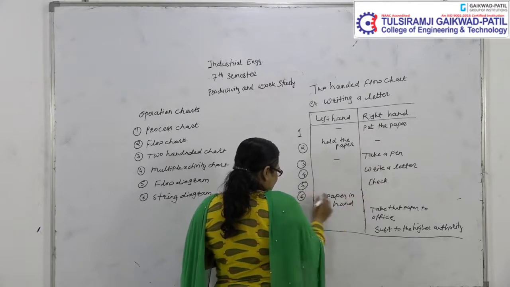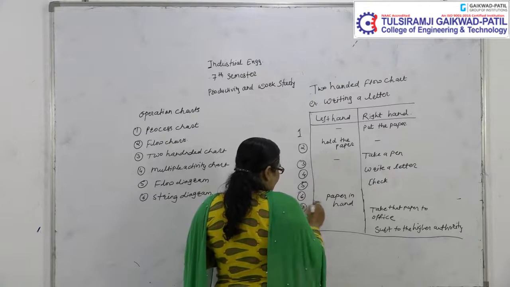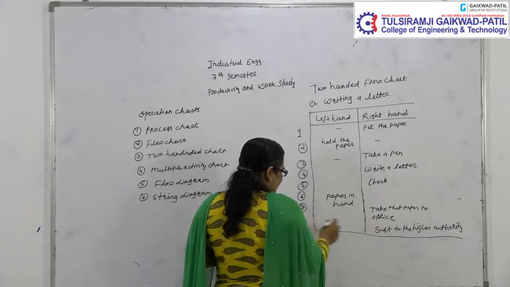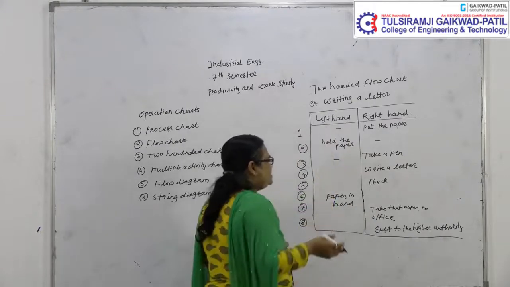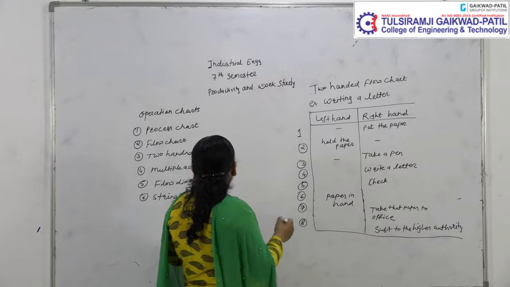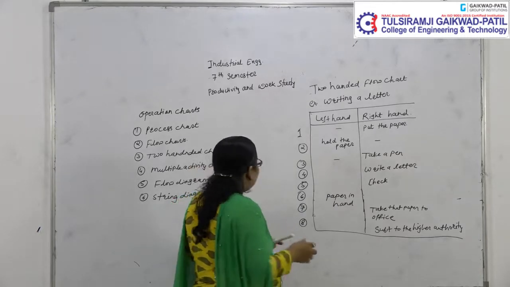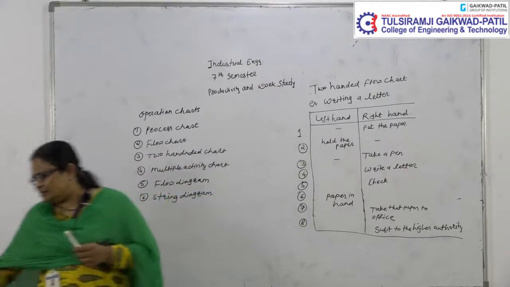In sixth position, the paper is in the left hand. In seventh position, that paper travels to the office. And in eighth position, the paper is submitted to the authority. This is the chart which is related to the two-handed charts, that is called a two-handed chart with respect to the left hand and right hand activity.